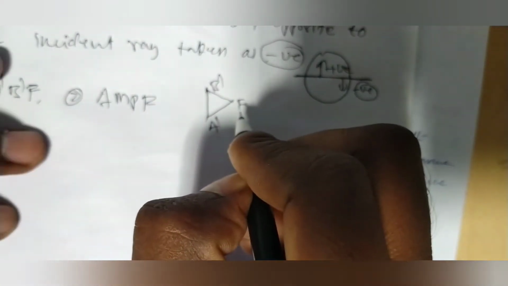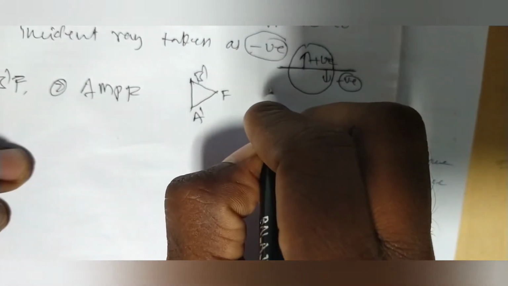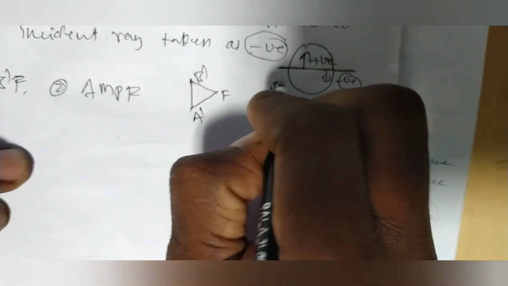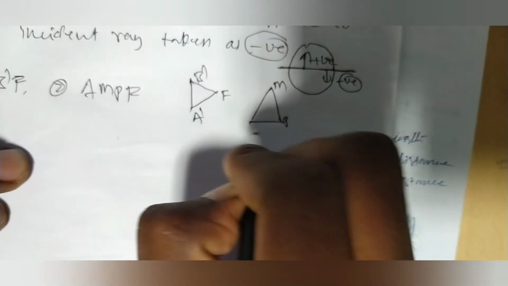Okay, one right angle, another one is MPF. Where is M? Okay, here MPF.